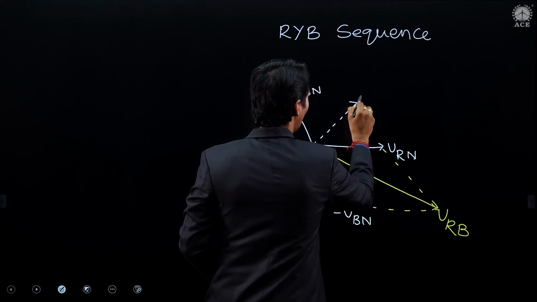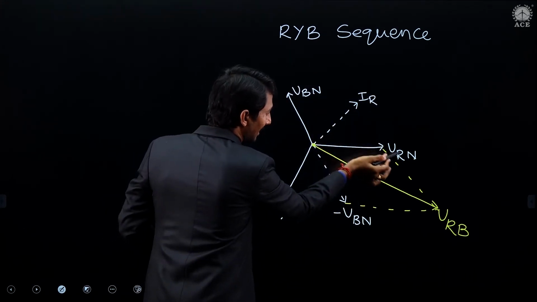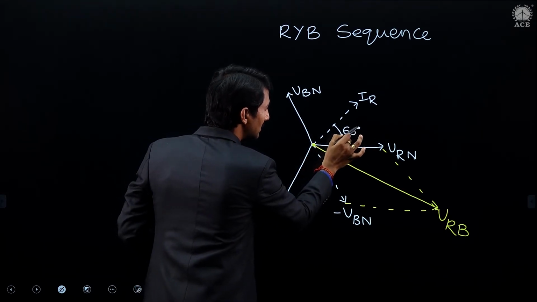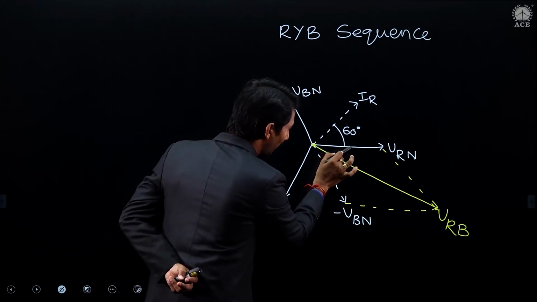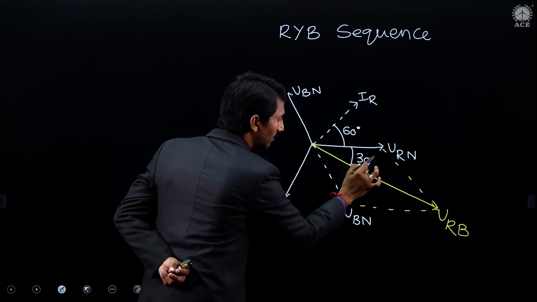This is the IR vector. IR leads the corresponding voltage by 60 degrees. Okay. Sir, what will be this angle then? This angle will be 30 degrees.